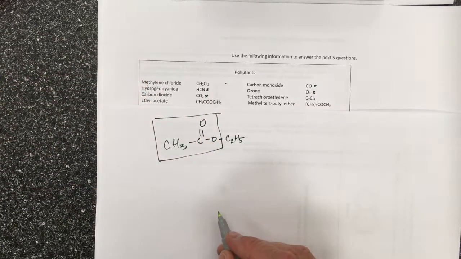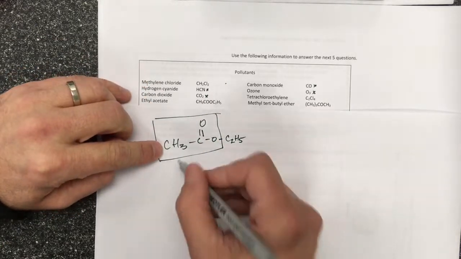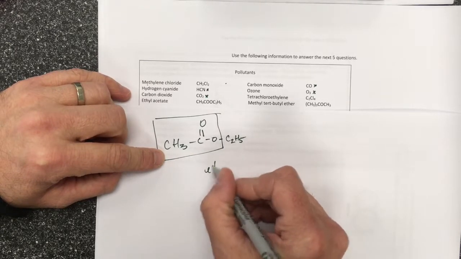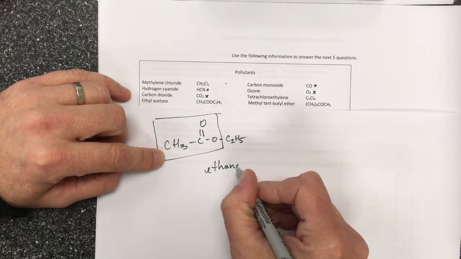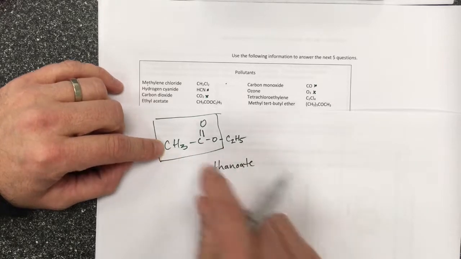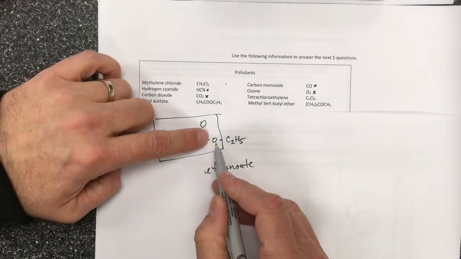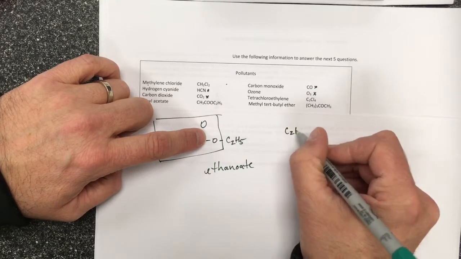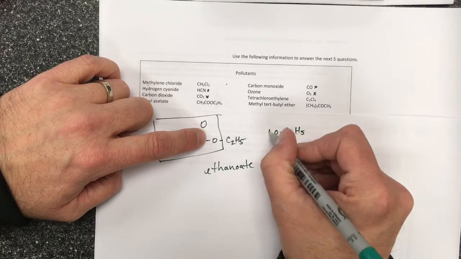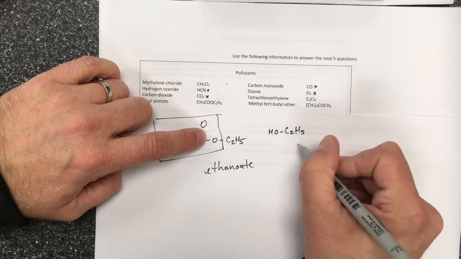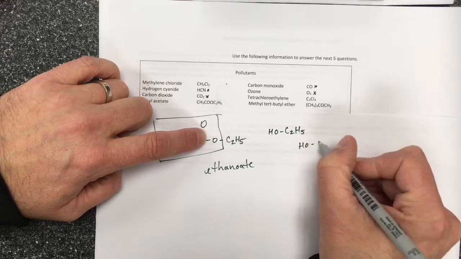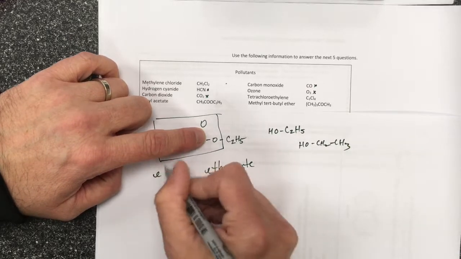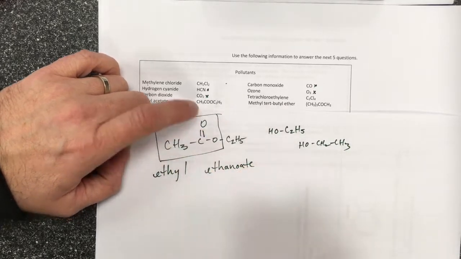And this part of the ester comes from the carboxylic acid. So this is going to be an ethanoate because it's from an ethanoic acid. And then this is coming from a C2H5OH, and that's just ethanol, right? HOCH2CH3. So it's going to be ethyl ethanoate.